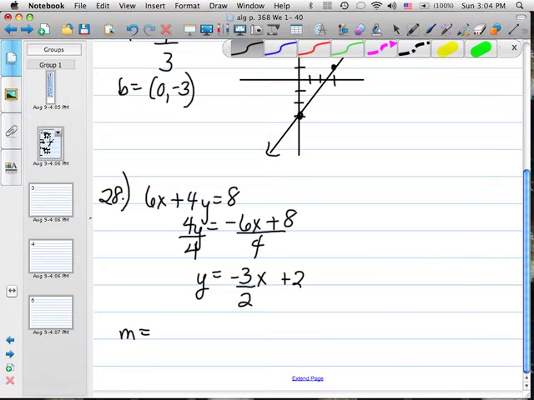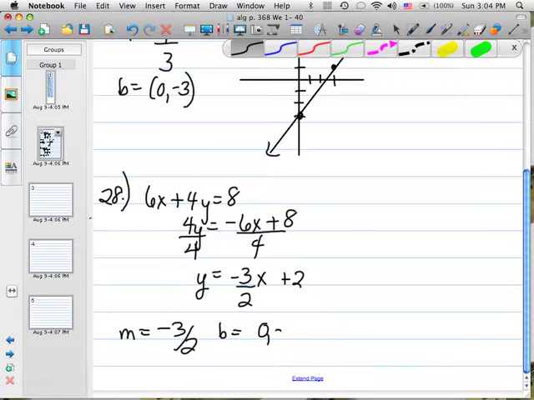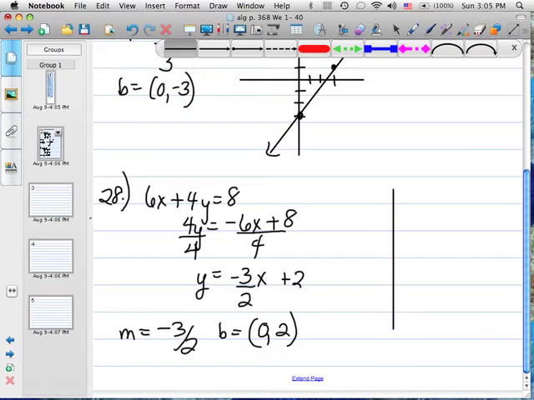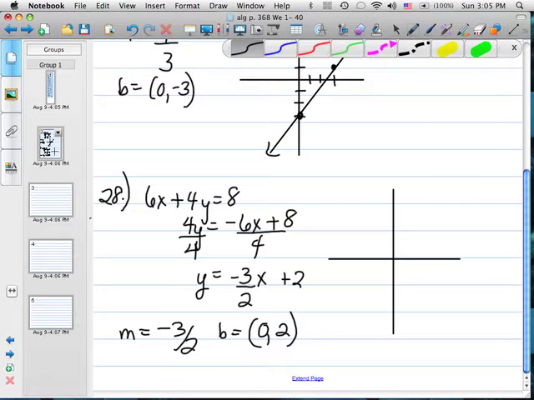So our slope is -3/2, and our y-intercept is 0, 2. Graph the equation of the line. First, the y-intercept, 0, 2. Slope is 3 down, 1, 2, 3, and 2 to the right. And connect in the line.